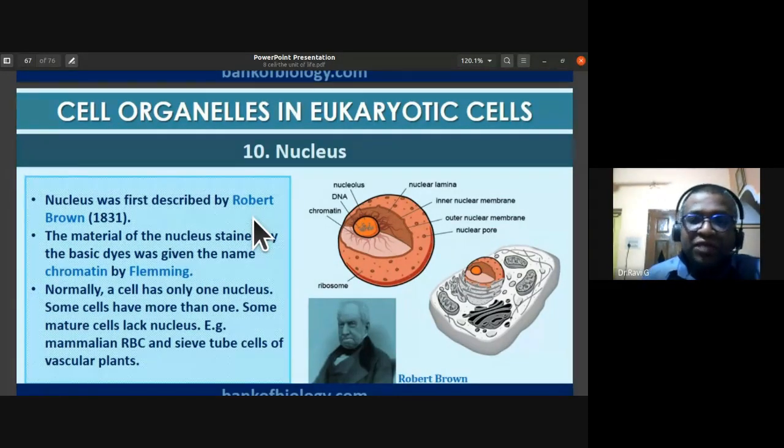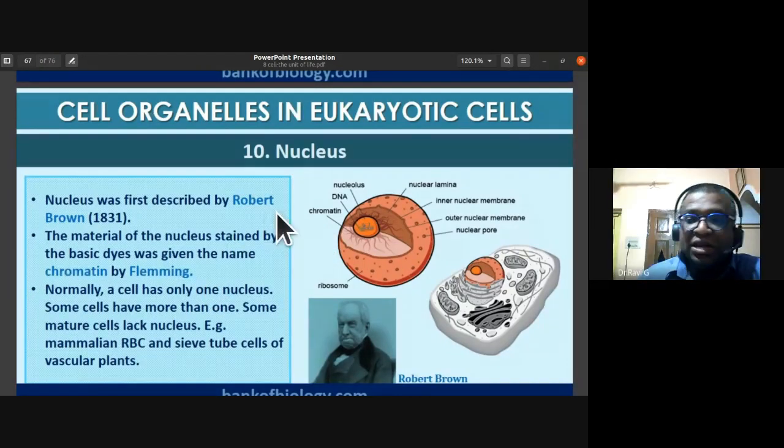The material of the nucleus stained by the basic dye, or alkaline dye, was given the name chromatin by Fleming.